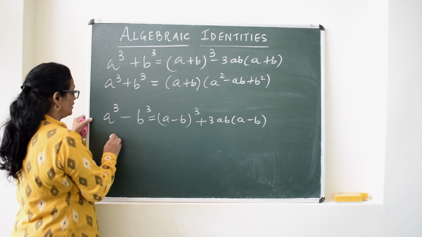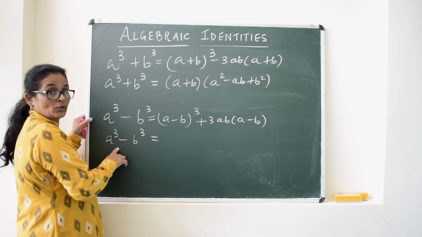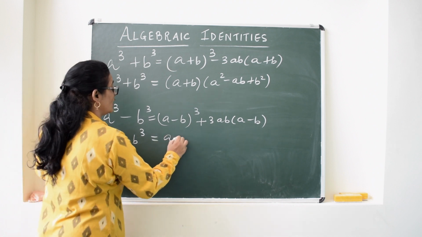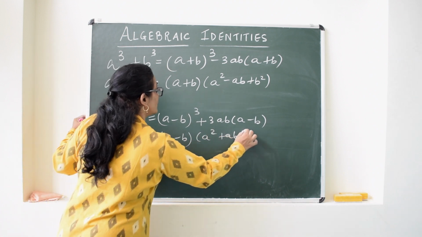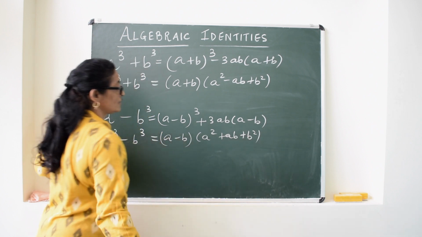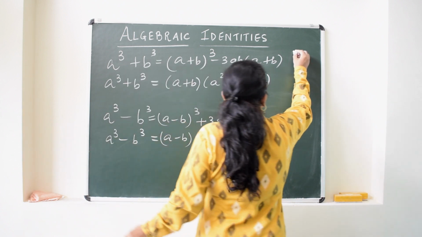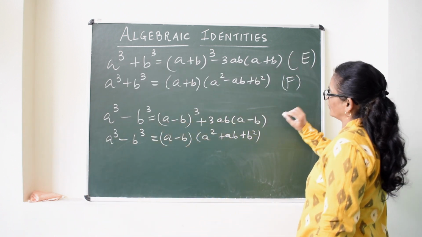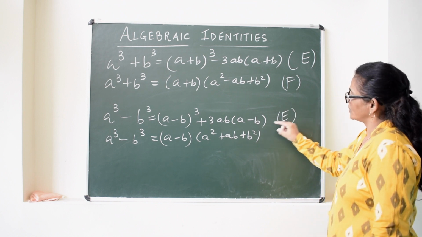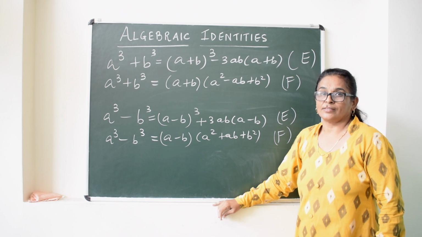Similarly, for the factorization, a cube minus b cube can be written as a minus b into a square plus ab plus b square. So, this is used in evaluation and this is used in factorization.